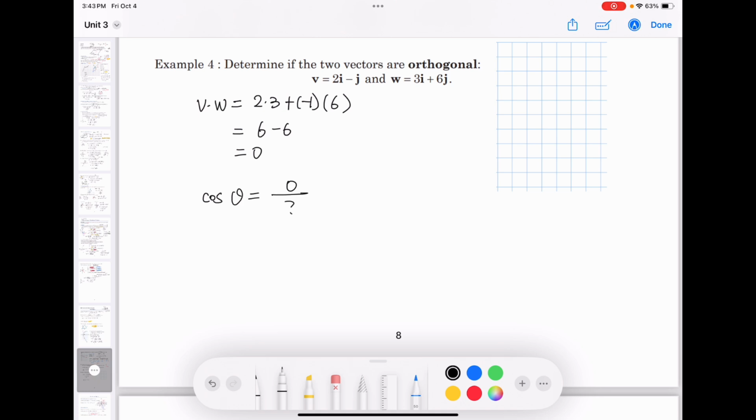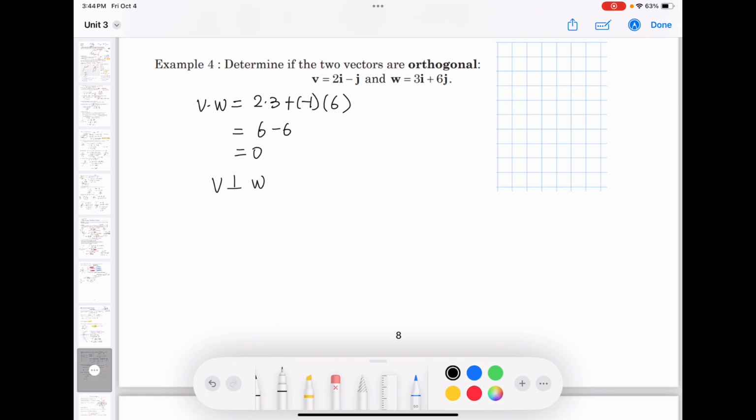I didn't do the computation of the magnitudes, but 0 divided by a non-zero number is 0. So cosine 90 is equal to 0. That means they are orthogonal to each other. I don't have to repeat this. I just say if the dot product is 0, then v is orthogonal to w.